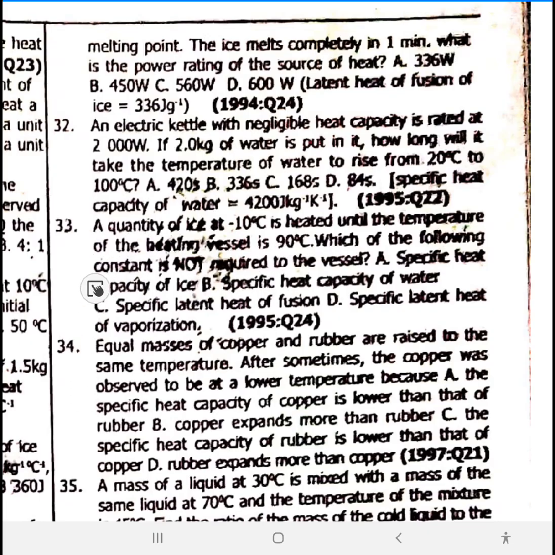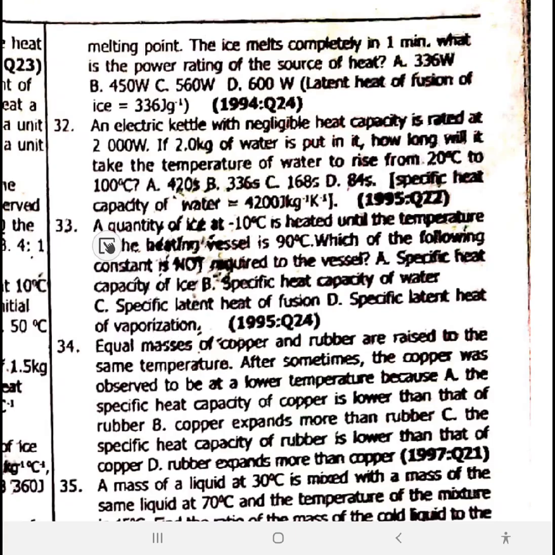A quantity of ice at -10 degrees Celsius is heated until the temperature of the heating vessel is 90 degrees Celsius. Which of the following constants is not required? Specific latent heat of vaporization.